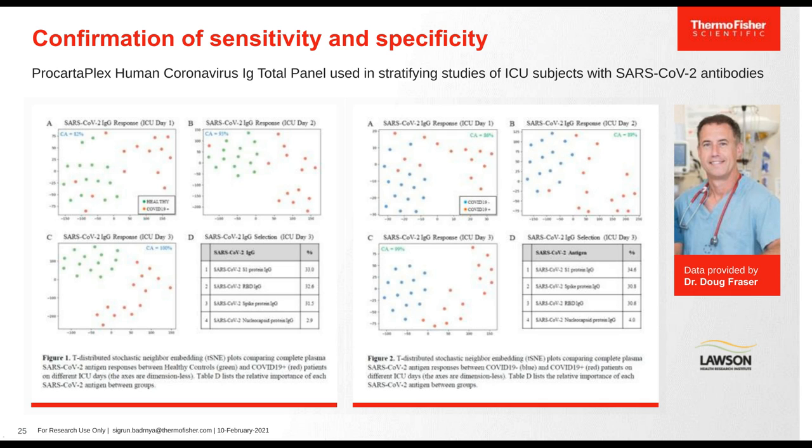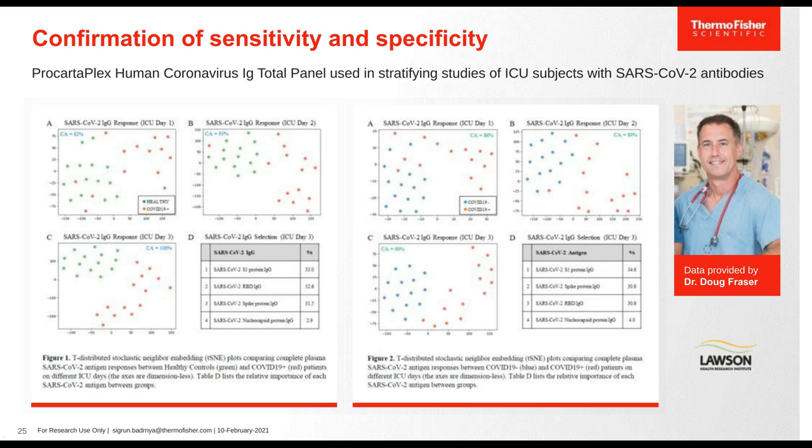Table D lists the relative importance of each of the SARS-CoV-2 antigens between the groups, showing a predominant, however, equal contribution of the spike protein and its subdomains as compared to the nucleocapsid protein. Similar results were observed when comparing complete plasma SARS-CoV-2 antigen responses between SARS-CoV-2 positive ICU subjects and non-SARS-CoV-2 infected ICU subjects on respective days.